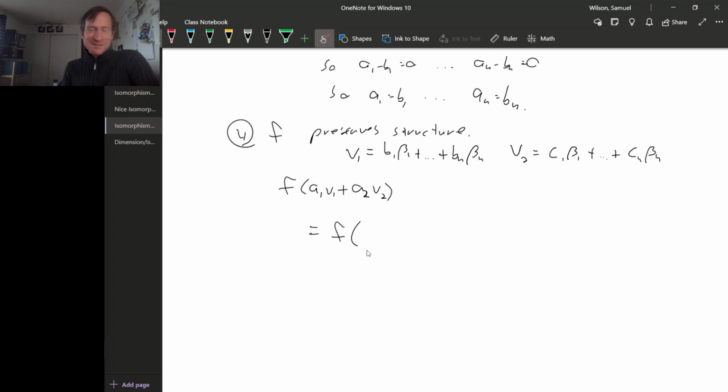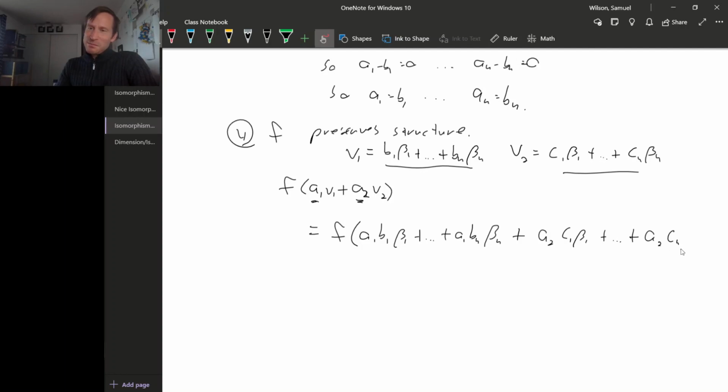So here we go. f of a1 v1 plus a2 v2. I'm going to distribute this a1 into all of this stuff. I get a1 b1 beta 1 plus dot dot dot down to a1 bn beta n, plus, and then distribute this a2 to all of that stuff: a2 c1 beta 1 plus dot dot dot plus a2 cn beta n.